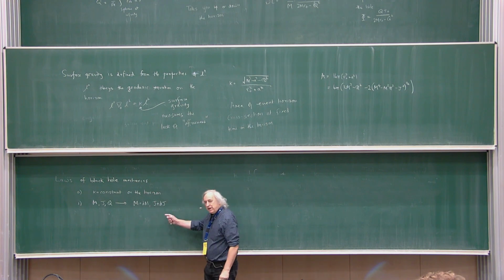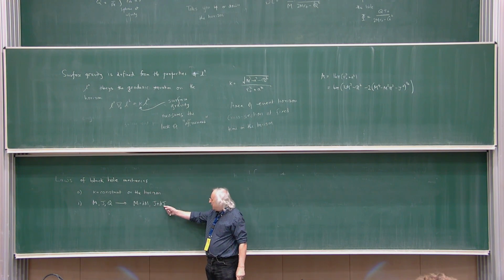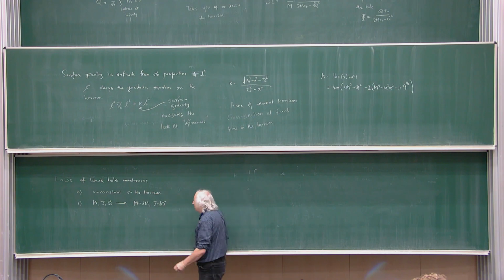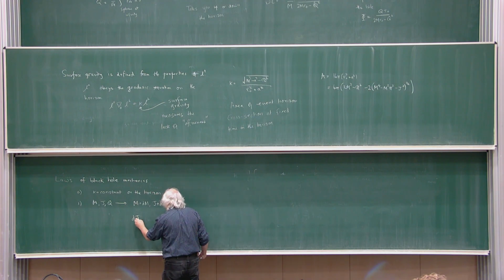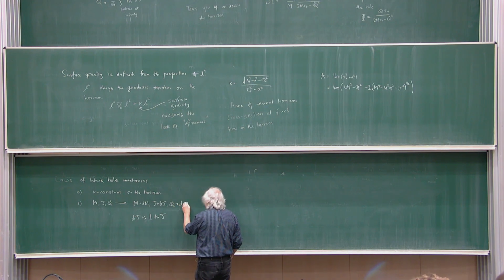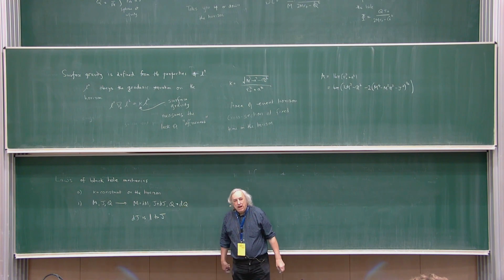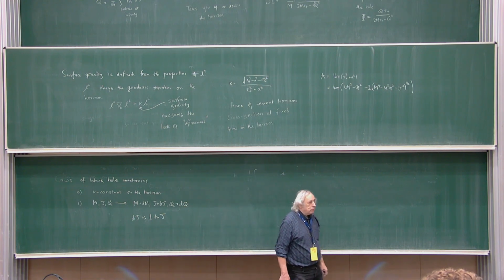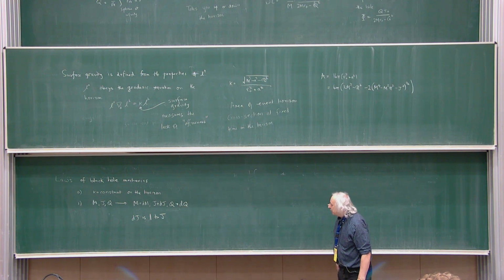Now, of course, j is a vector, so I'm going to assume that this is parallel to j. And q goes to q plus dq. Then you can derive what is usually called the first law of black hole mechanics.